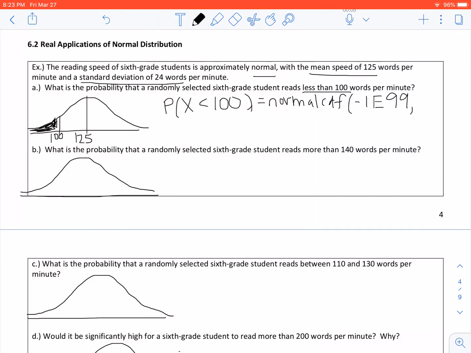And then the largest value that we have where it's shaded is 100, comma, the mean, which is 125, comma, the standard deviation, which was 24. And then if you put all that in on your calculator, we're going to get a probability, and again, we round all of our probability answers to 4 decimal places, of 0.1488.